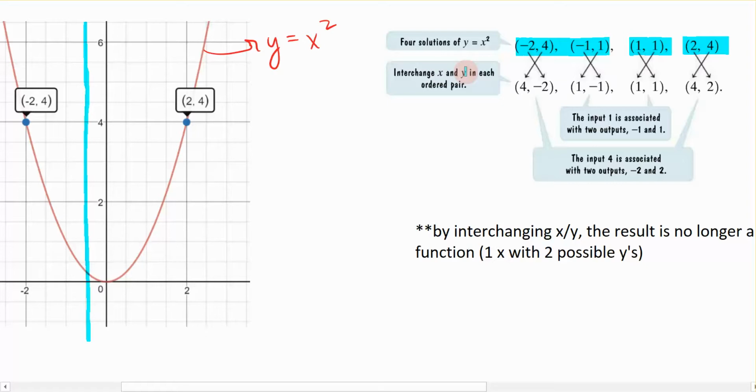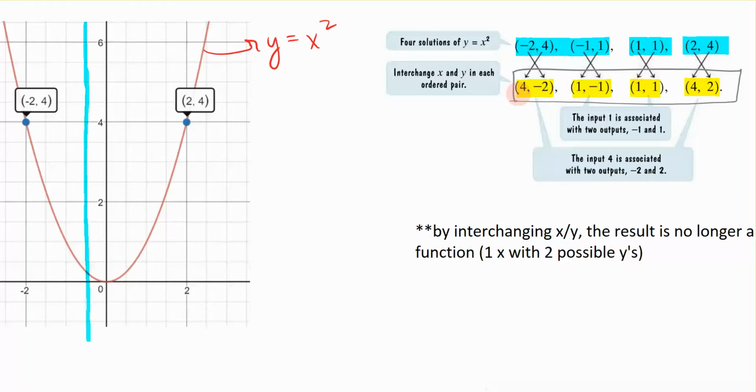I switch their positions in the ordered pair, and if it is one-to-one, then the result is indeed a function. So let's go down here, and if we switch the x and the y values in these ordered pairs, this new set of ordered pairs should also be a function.